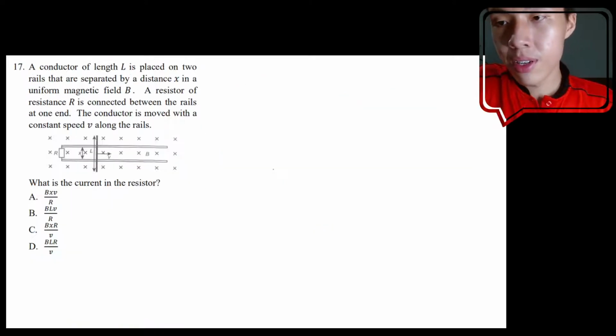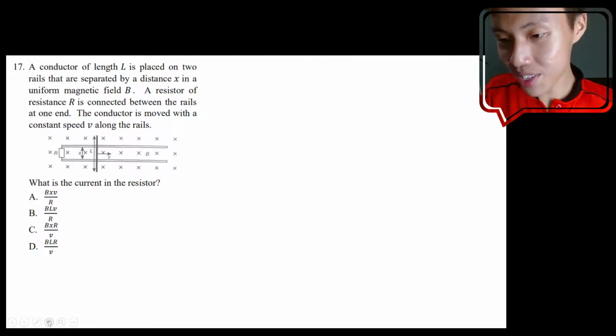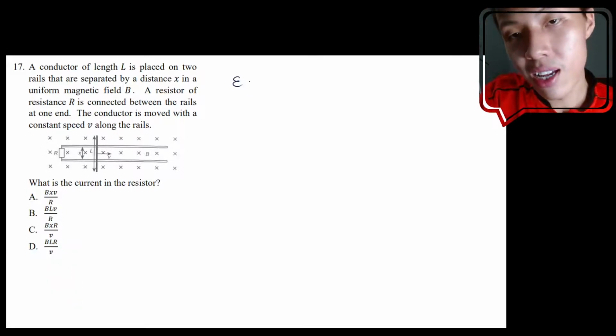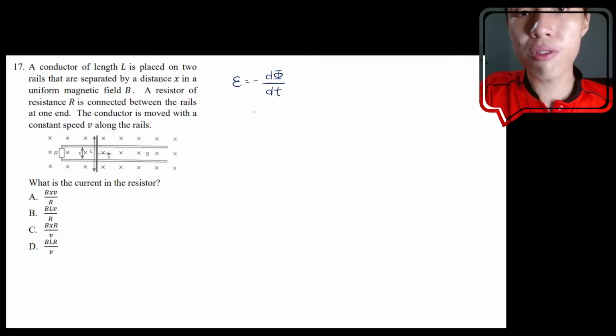Okay, let's do Faraday's law. Slightly exhausted, but let's continue. Epsilon is equal to negative dΦ over dt. This is Faraday's law. The induced EMF is the negative rate of change of the magnetic flux linkage if it's multiple turns. But in this case, there are no multiple turns.